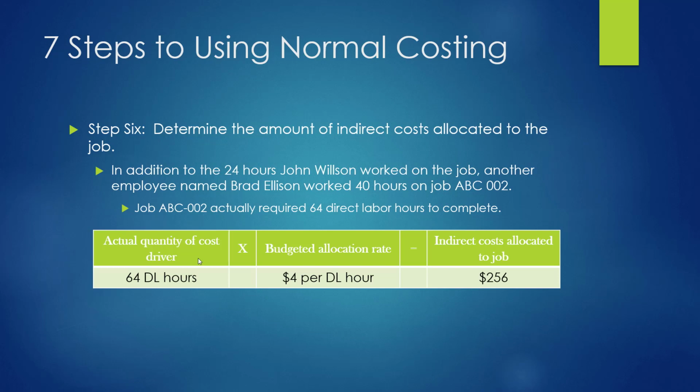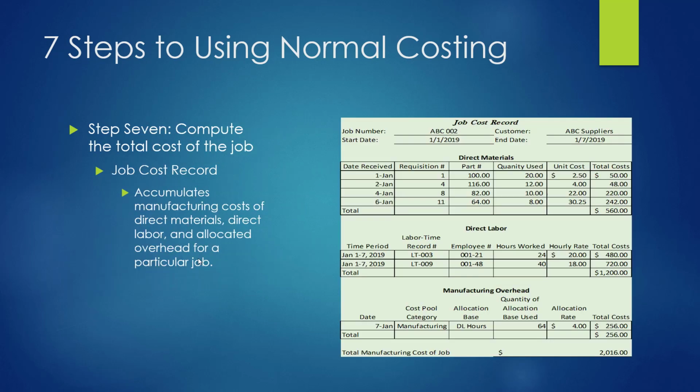And now that we have a bunch of cost components that we know for certain, our direct materials and our direct labor, and we've taken our best guess on how much cost should come out of that pool and go into that job for the amount of indirect costs we're going to incur during the period, we can come up with the total cost of this job. So for job ABC002, we saw the requisition here on January 1st for lumber, and we put $50 of cost into that job.